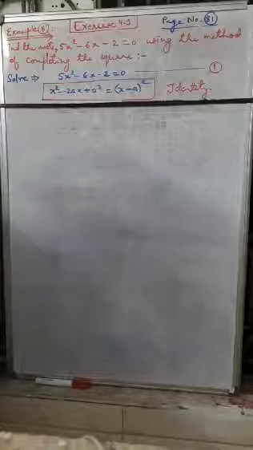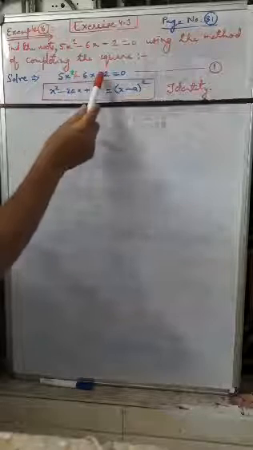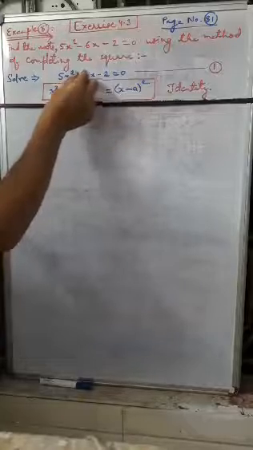You can also follow the method of your textbook if you like, or if you don't like the method of your textbook, you will follow this method for finding the roots using completing the square. So we are having the equation 5x square minus 6x minus 2 is equal to 0. Here we can't split the middle term.